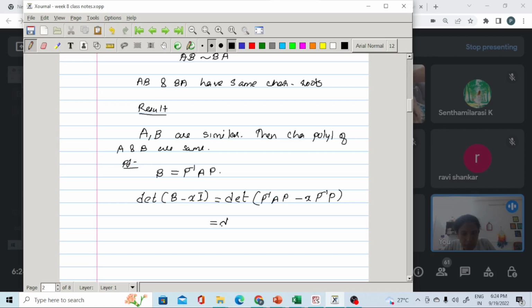So from here I take P inverse to the left side and P to the right side.